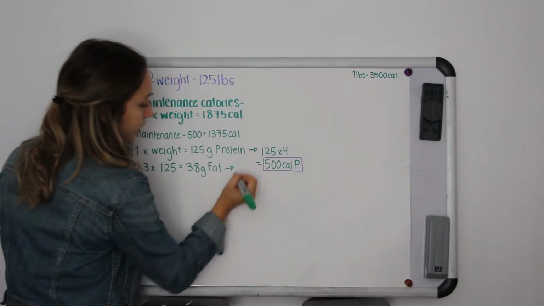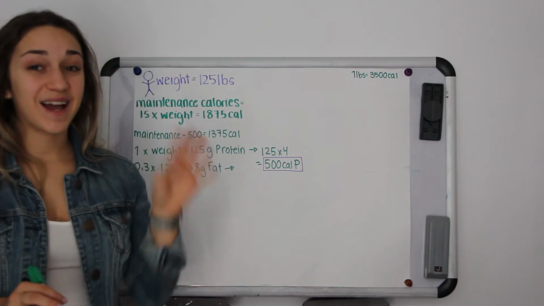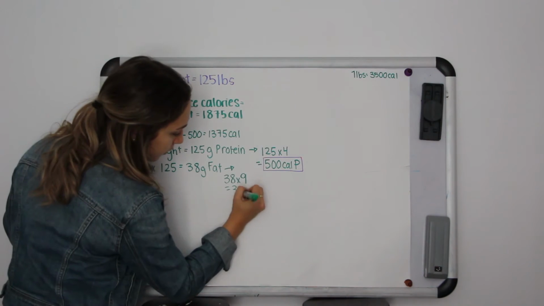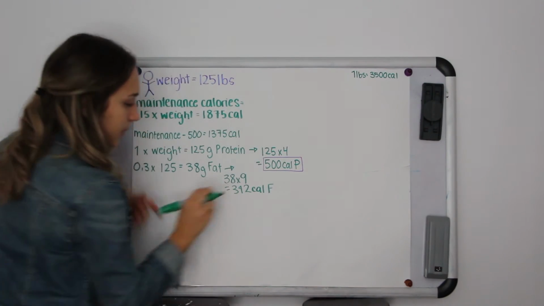And fat, if you recall, is 9 calories per gram, so we're going to do 38 times 9 calories of fat. Okay?